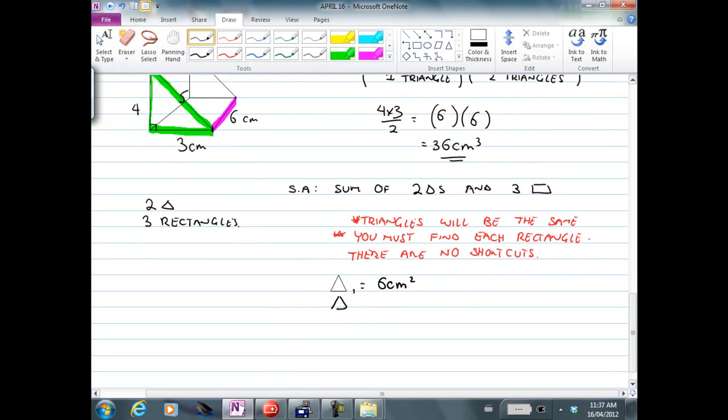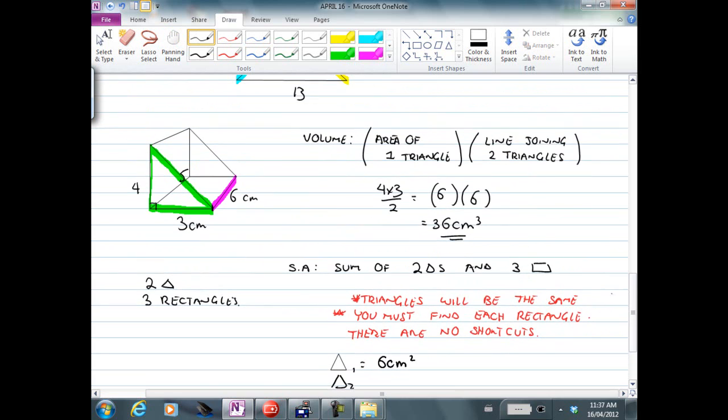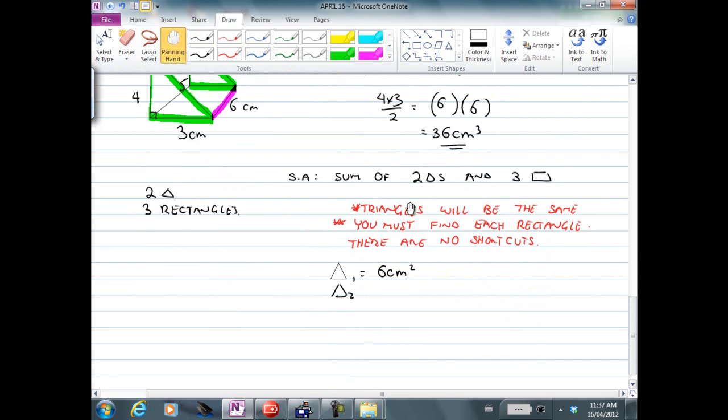Triangle 2. I'm going to highlight the back triangle for you. Tyro, what's the back triangle going to be? Let's look at it. Triangles will be the same. So what's the back one going to be? Same thing, so which is 6. Triangle 2 is 6.